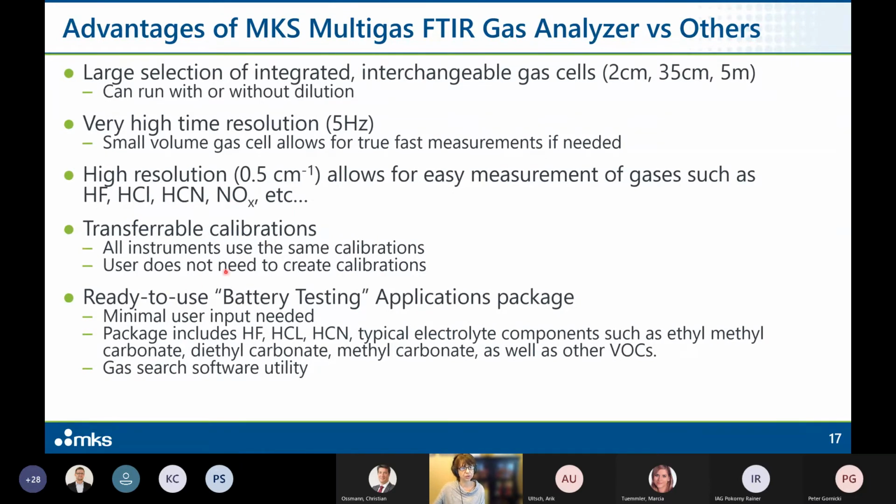They are transferable calibrations, so that all instruments can use the same calibrations, and the user does not need to create calibrations. We provide recipes. We also have a ready-to-use battery testing application package, which includes all those components, and that also includes the gas search utility software.